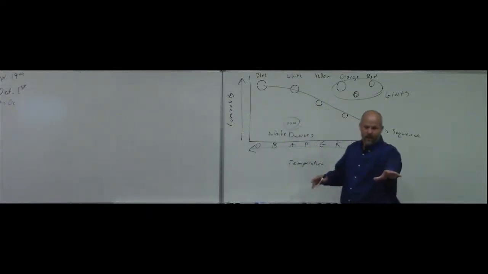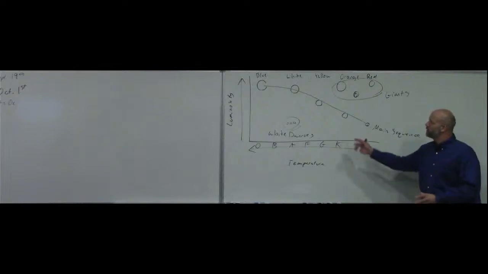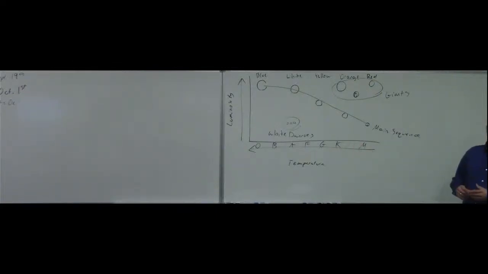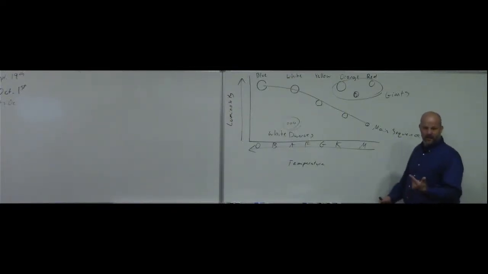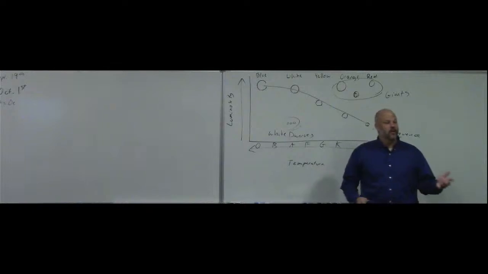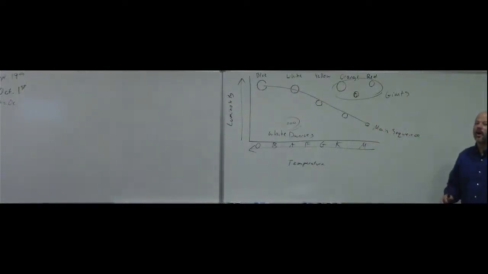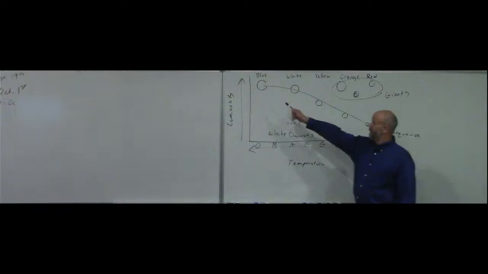So, again, it's not a question, it's not here, but which star is going to last the longest on the main sequence? The red ones. And which one will last the least? I could ask the question another way. Which star on the main sequence will be the fastest to enter the white dwarf stage? These guys, right?